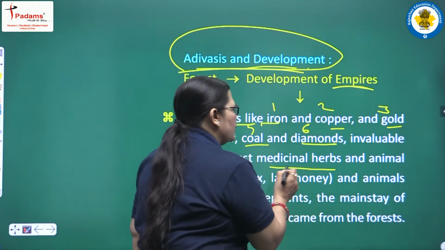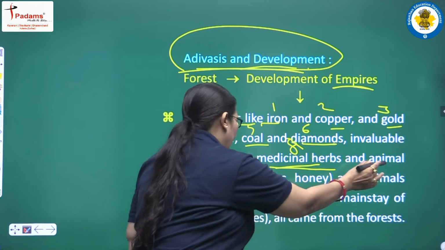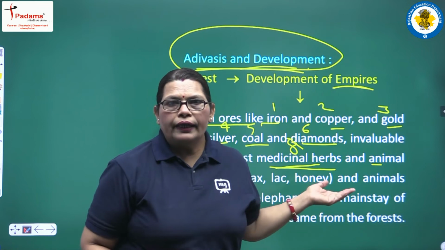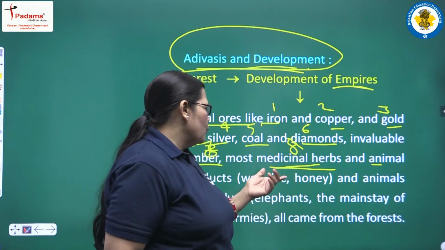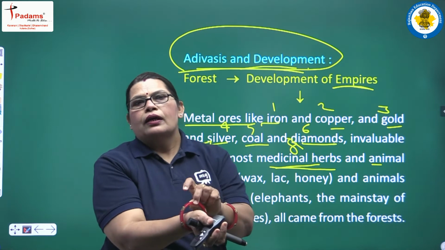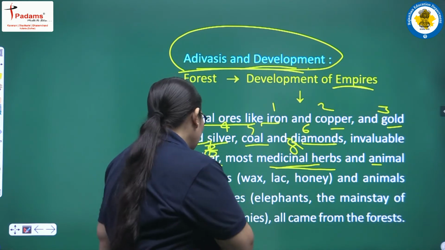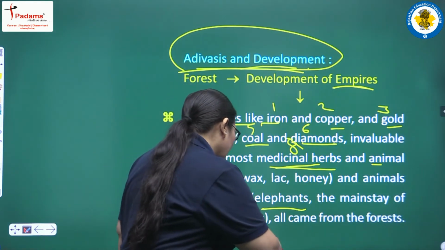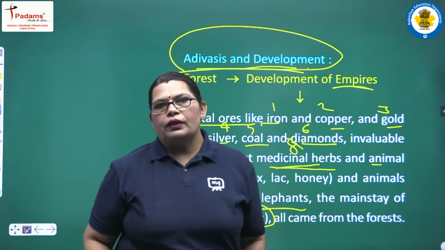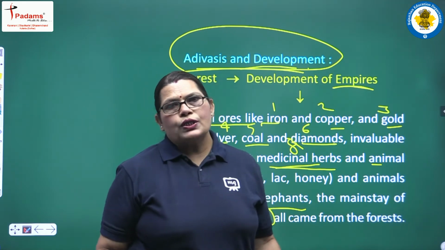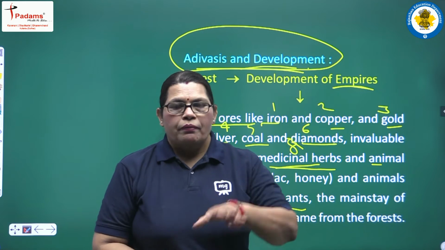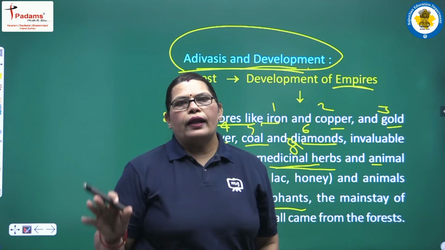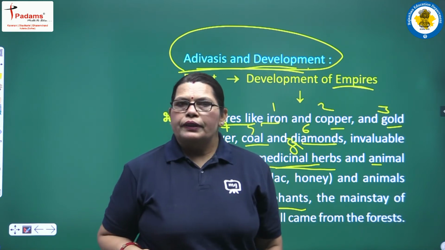Most medicinal herbs are also there, and animal products, it means wax, lac, honey. We use wax, and we use lac in making our ornaments, and animals themselves, it means elephants for the imperial armies, all came from the forest. So from the forest we get a lot of matter as well as animal products as well as forest products, we are getting all these things from the forest.